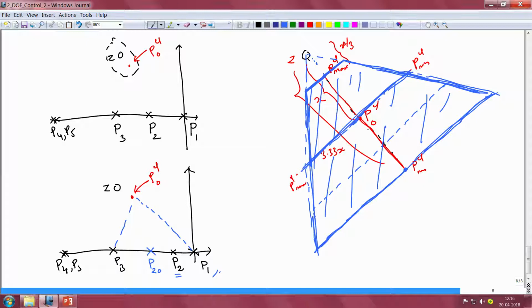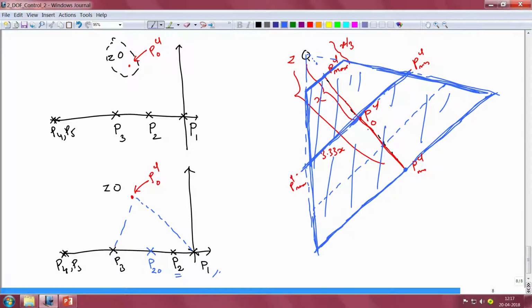Now our goal as control engineers is to choose the location of the zero with respect to the point PCL naught, or in other words determine the distance x, so that when the closed loop pole varies within this area, the maximum distance that it can traverse is no more than 0.04 units. That is what we are supposed to do.